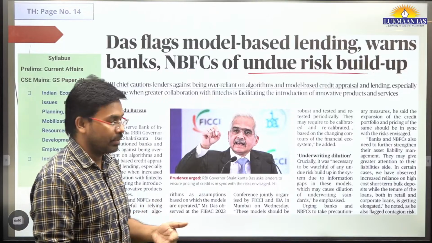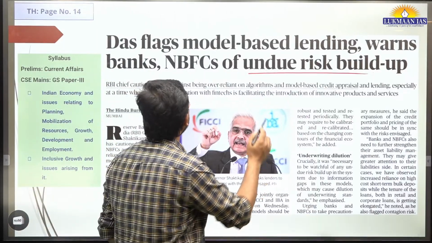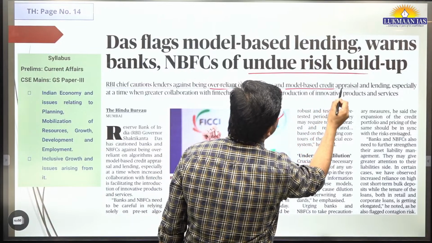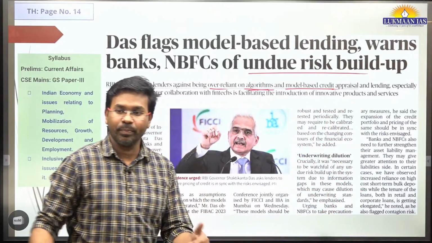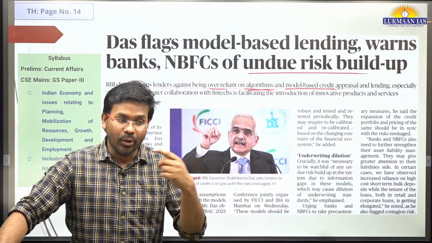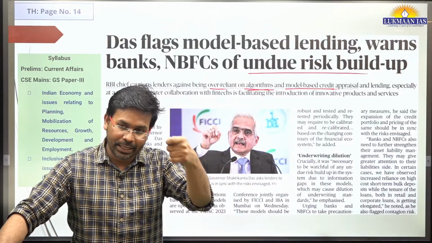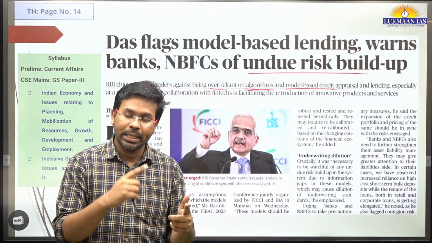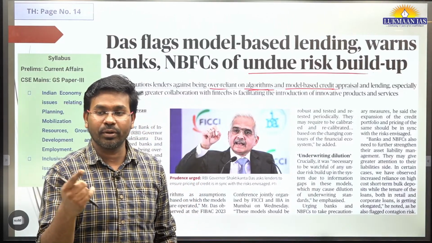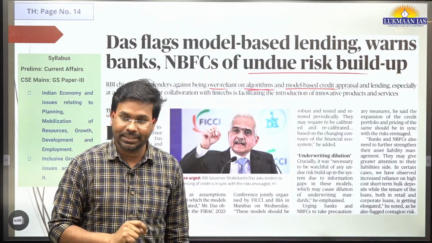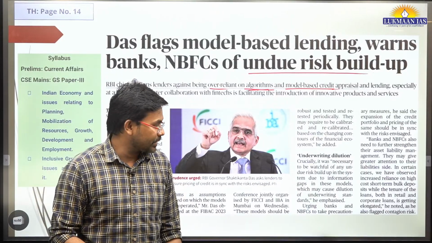Many banks are over-relying on algorithm and model-based credit appraisal. People can apply for loans, fill in their documents, and the algorithm sorts out whether this person is eligible for a loan or not, checking his creditworthiness. This is known as creditworthiness.